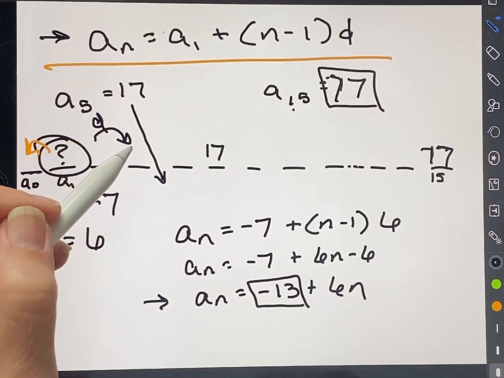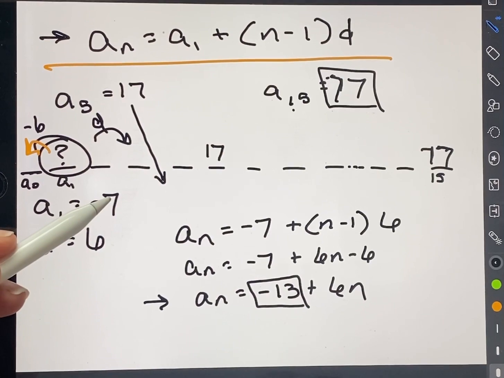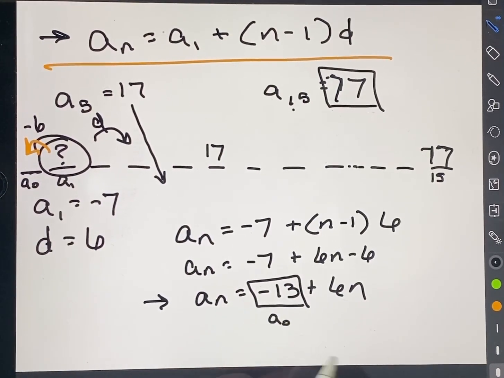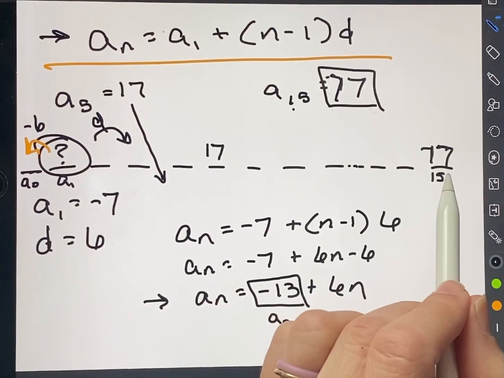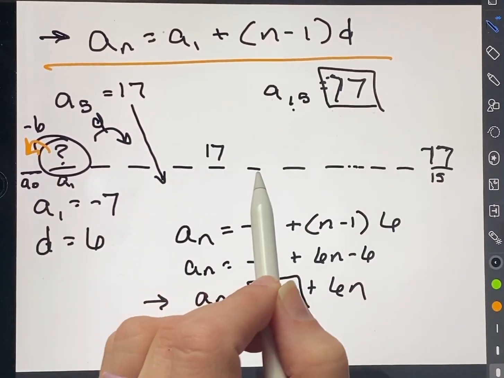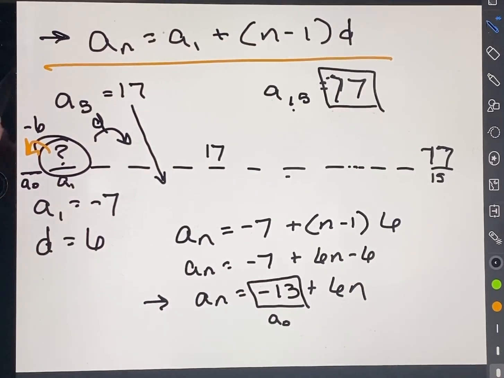So if we were jumping by 6, we would now be subtracting 6. And -7 minus 6 gives us -13. So this is actually our a sub 0 location. And then it allows us to just say, jump the number of times that you need to jump to get there. Because to go from 0 to 15, you need to go 15 times. To go from 0 to 8, you need to go 8 times. And so it has backed us up to 0.